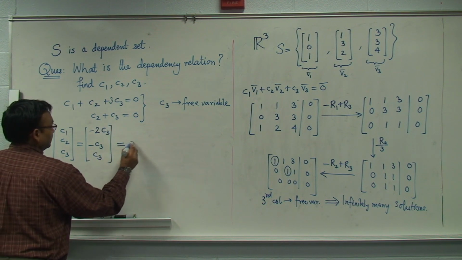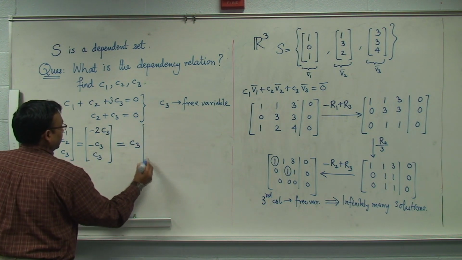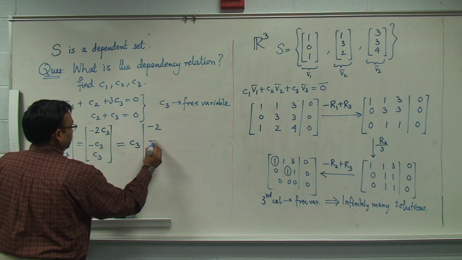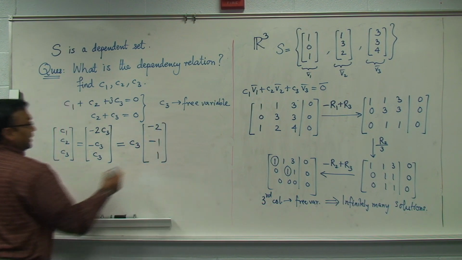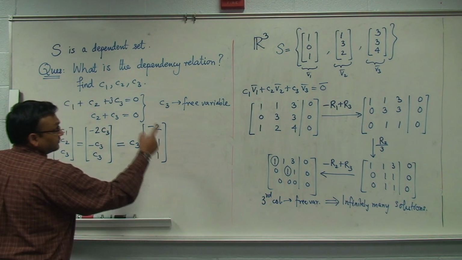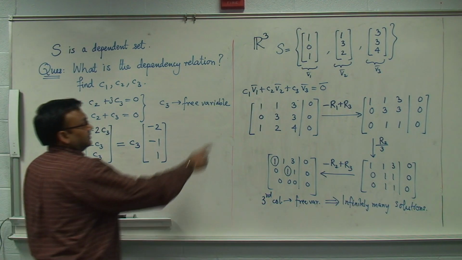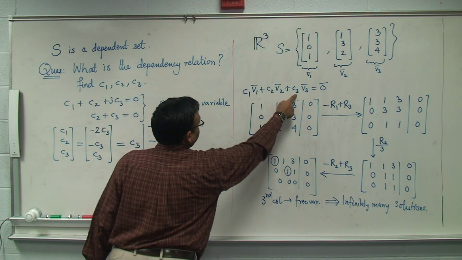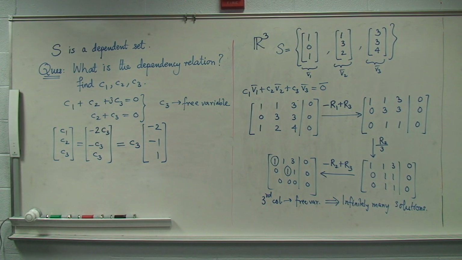What this means is, I can give any value to C3 I want, and I can produce dependency relations. For example, one of the solutions is minus 2, minus 1, 1. That means if I plug in minus 2, minus 1 and 1, I will get a 0 vector.